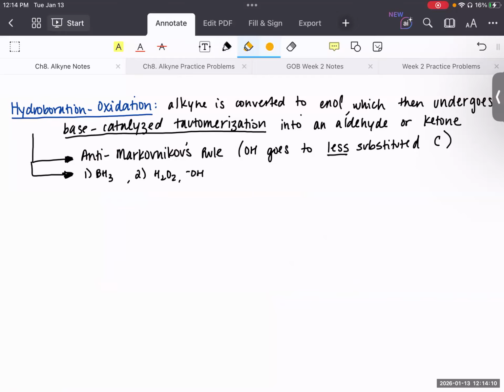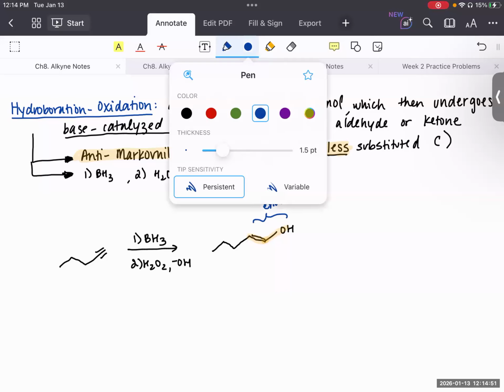If we take this terminal alkyne and react it with the boron reagent followed by base and peroxide, we would get the formation of what's called an enol, where that OH goes to the less substituted carbon. This highlighted region right here is the enol, and technically this is a product of this reaction.